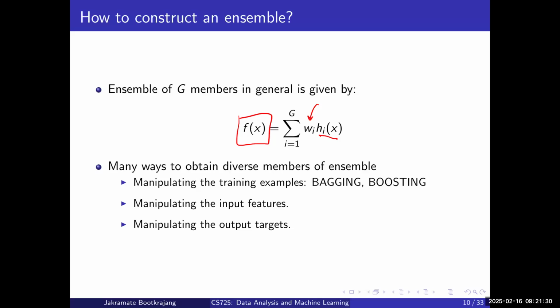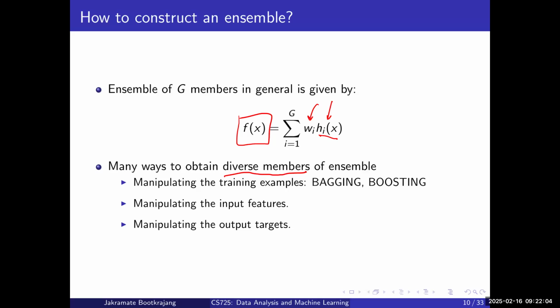Some of them would have a higher score when they make a prediction, and then we combine all the predictions together, and we get the result. So how do we obtain diverse members? We want this h_i to be different for every i. You pick maybe 10 classifiers, you want all 10 to be different.